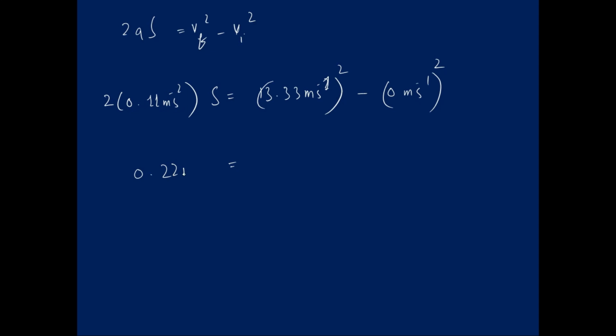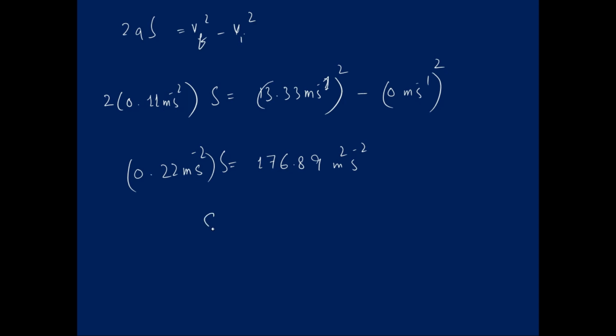The denominator is 0.22 meters per second square, and the numerator is 176.89 meter square per second square.